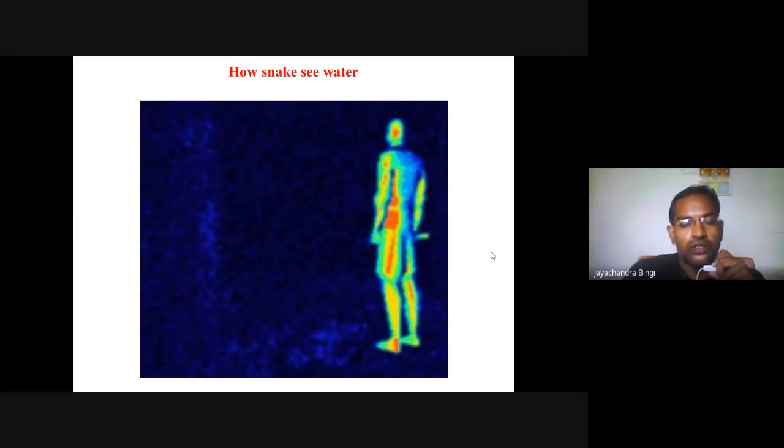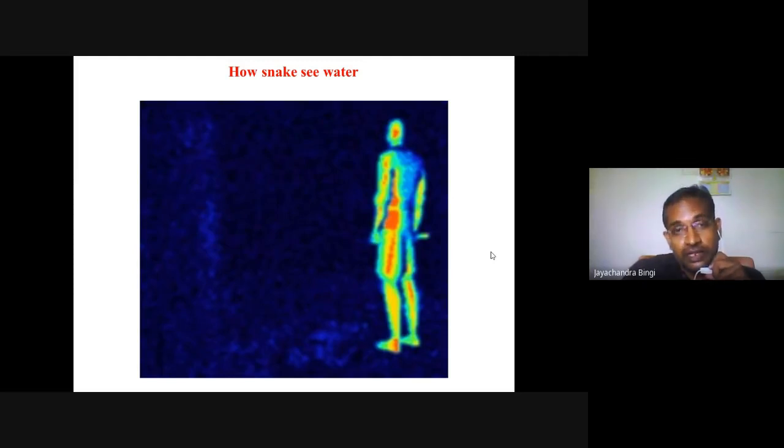It is able to see different kinds of water, pure water and toxic water. There was a publication that a snake can discriminate toxic water from normal water. It will drink only normal water. It won't drink toxic water.